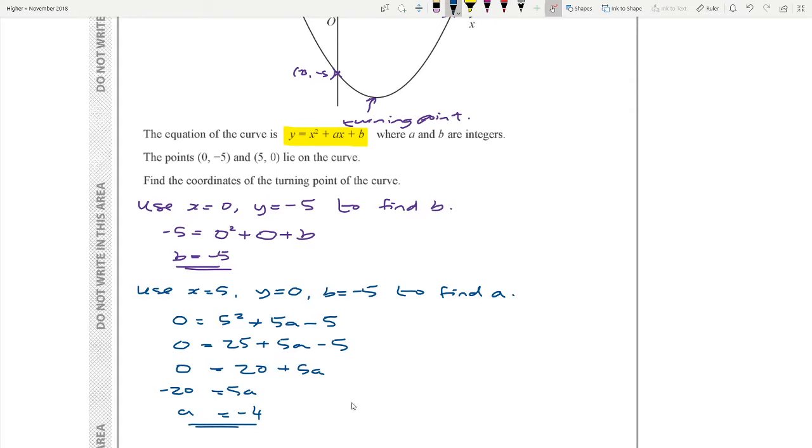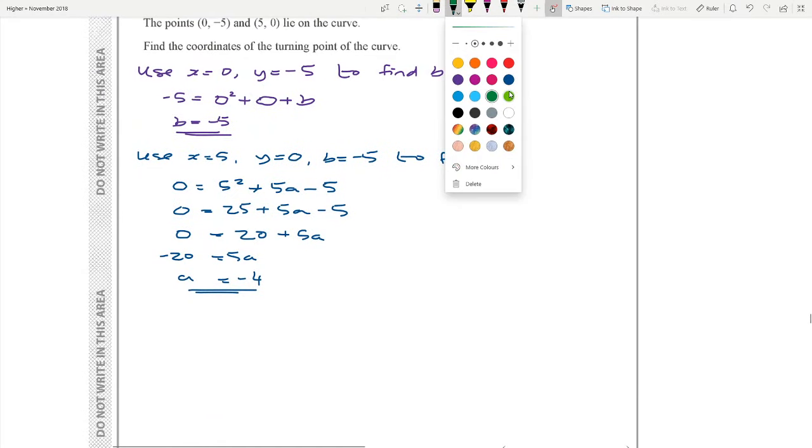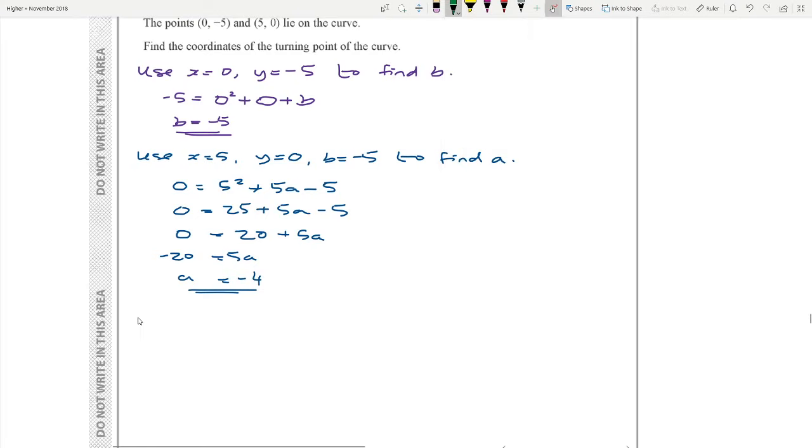Okay, so now that we know what b is, I know what a is, we can write the equation of this line. So the equation of the line is y equals x squared, b was minus 5, wasn't it?